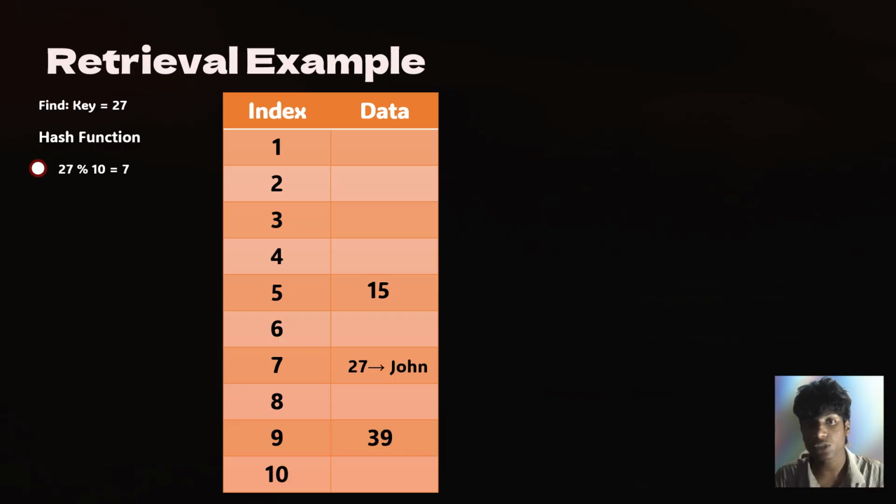So instead of searching through all the indexes, the computer goes directly to index 7 and retrieves the data immediately. For example, if the value stored with the key 27 is John, the computer goes to index 7 and returns John without looking anywhere else. This direct access is what makes hashing so efficient. In most cases, finding data takes constant time.